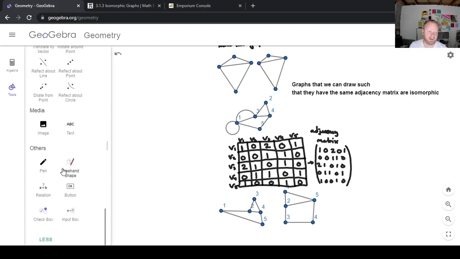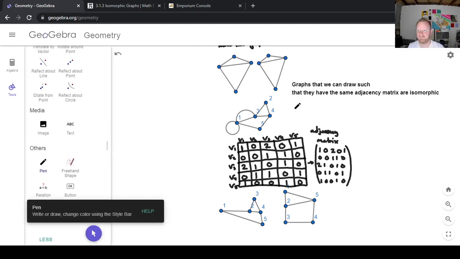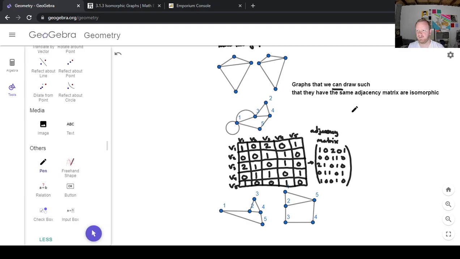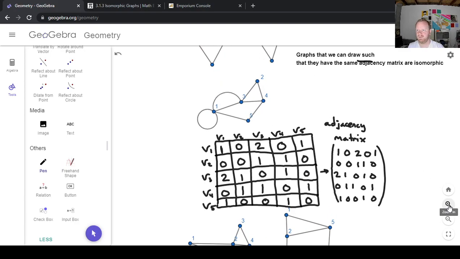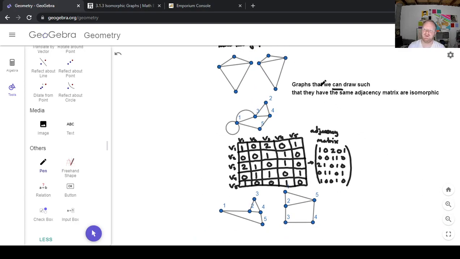Like I said, the "can," very important. Graphs that we can draw such that they have the same adjacency matrix are isomorphic.